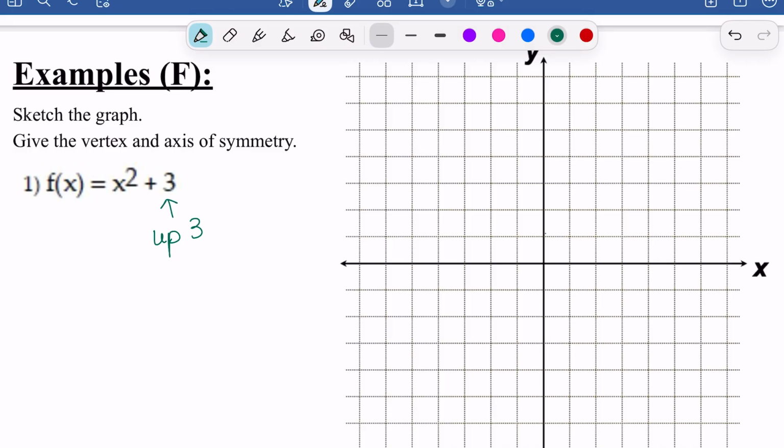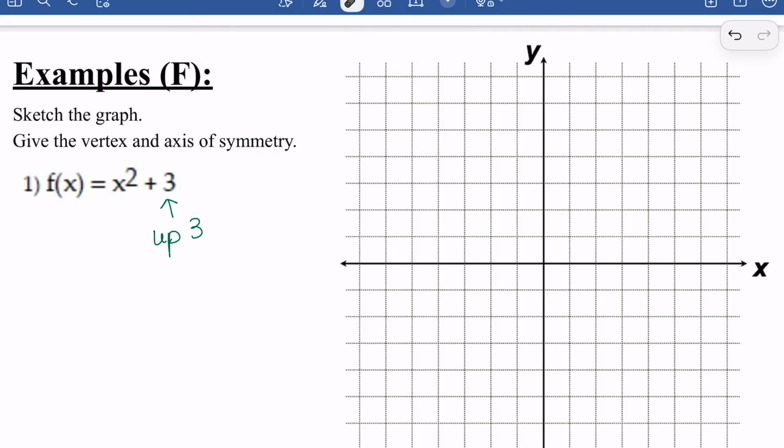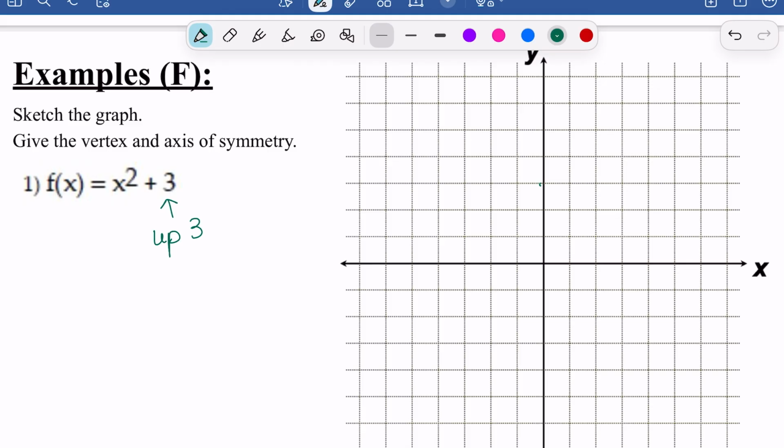That means this one is going to go up from 0, 0, up 1, 2, 3. So it should be right here, and that should be our vertex. So we know just based on our equation that our vertex should be at 0, 3.